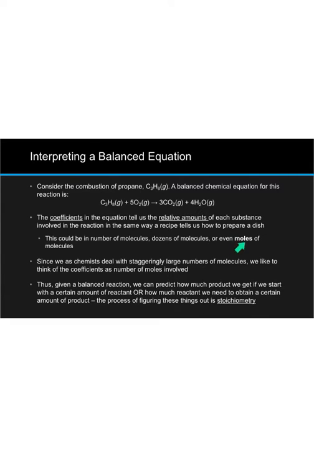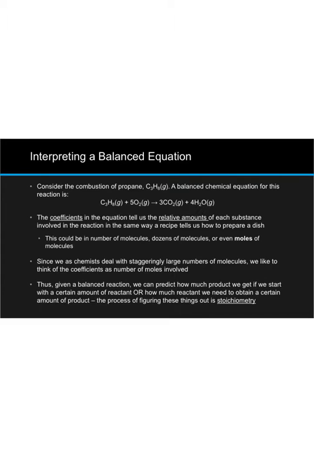And it's this last point, moles of molecules, that's most important to us as chemists, because we often deal with staggeringly large numbers of molecules in a chemical reaction. It's convenient for us to think about a coefficient as representing the number of moles of every compound, molecule, or atom involved in a chemical reaction.